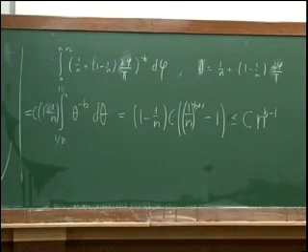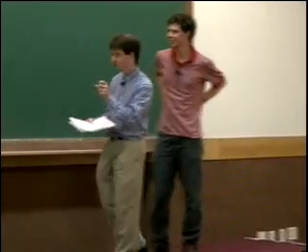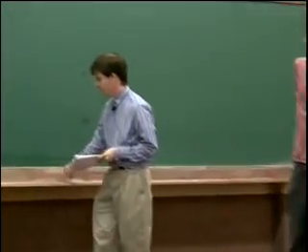One comment about this method is how we knew in advance that we should choose the contour where z was about 1 over n away from 1.